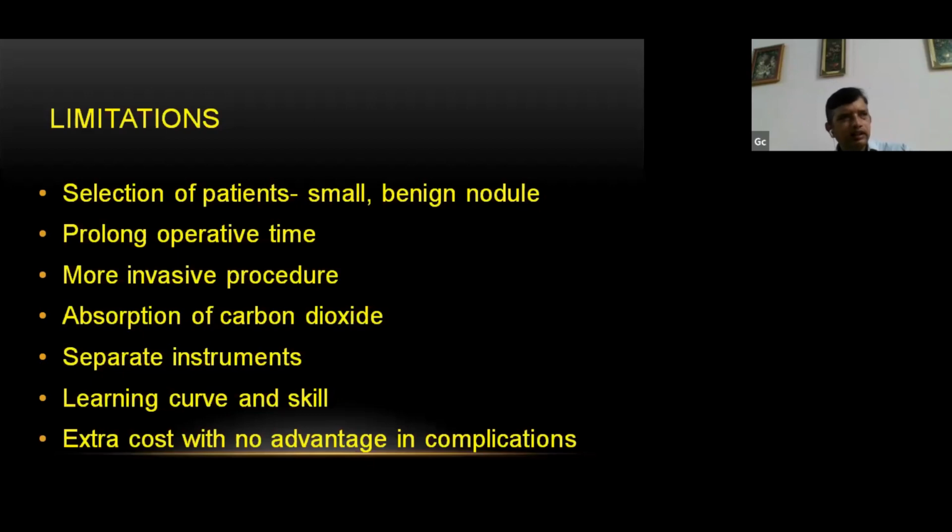If you see nowadays, if you are operating with 4K, every small structure is visible very clearly, whether it is the recurrent laryngeal nerve, superior laryngeal nerve, parathyroids, or vessels, superior, inferior, every vessel. You can even see the flow of blood in the veins, whether the middle thyroid or inferior thyroid veins, the flow of the blood itself is visible.